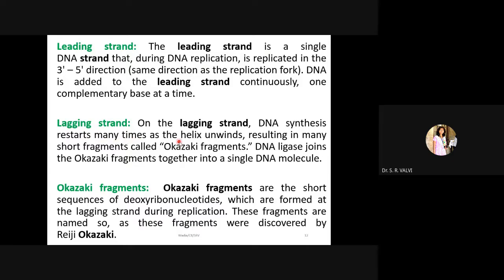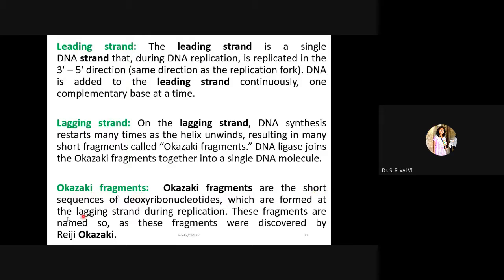Whereas in the lagging strand, the DNA synthesis restarts many times as the helix unwinds, resulting in many short fragments called Okazaki fragments, and DNA ligase joins these Okazaki fragments together into a single DNA molecule. So who is doing the function of a glue? That is the DNA ligase enzyme. Now, what are these Okazaki fragments?